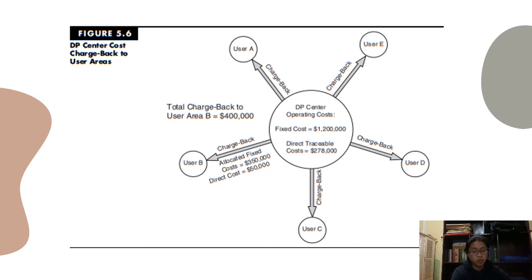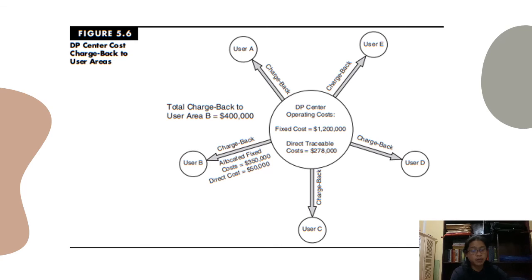Okay, so let's assume the management in user area B proposes to acquire a computer system and perform its own data processing locally. One benefit of the proposal is the cost savings derived by escaping the chargeback from the current data processing center.